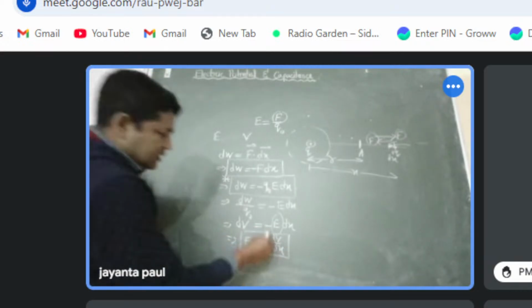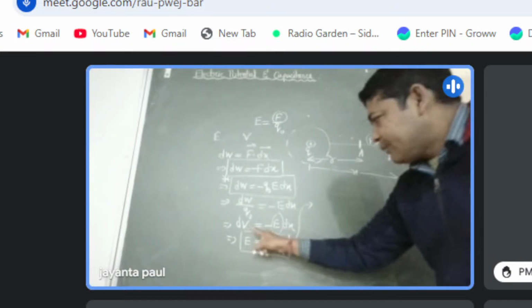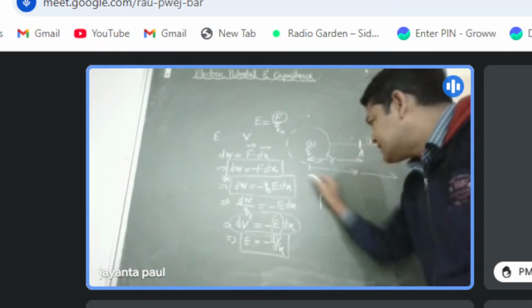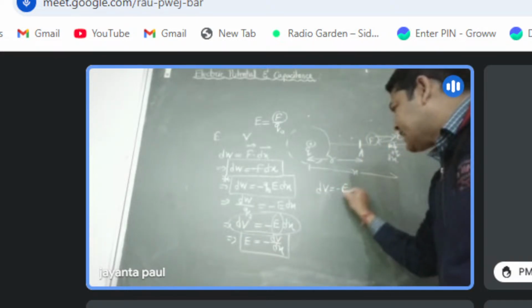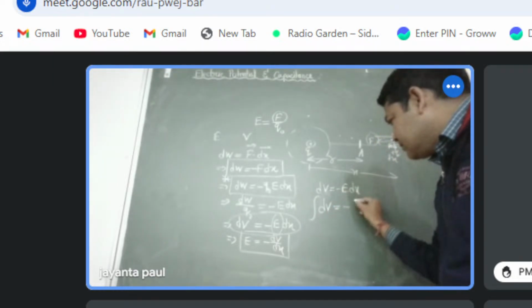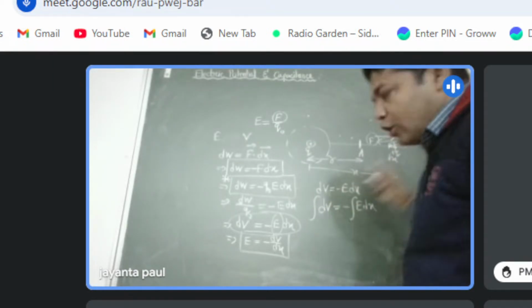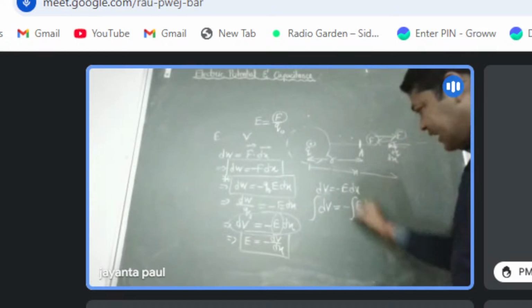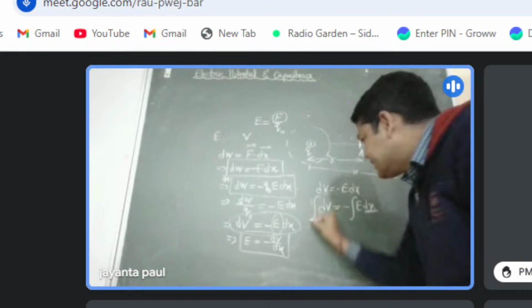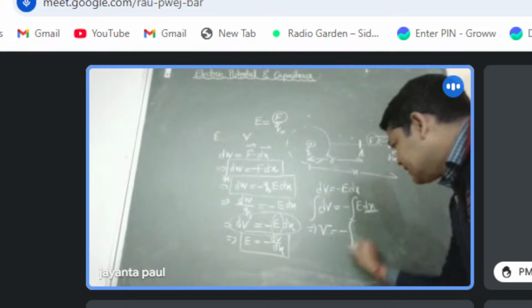And if someone wants to write it another way, I can write it as follows. See, this formula dV is equal to minus E dx, I integrate it. V is equal to integration of minus E dx. This integration is called the line integration because integration is done along the length dx. So this integration dV is actually the net potential V, it is minus integration E dx.